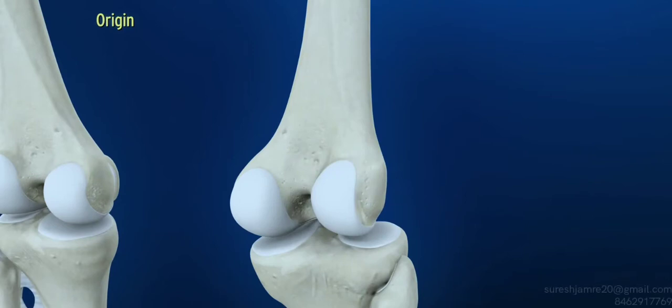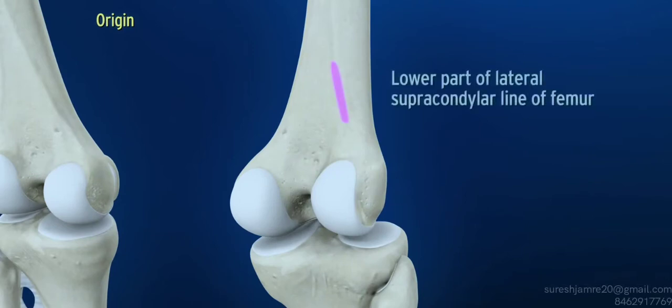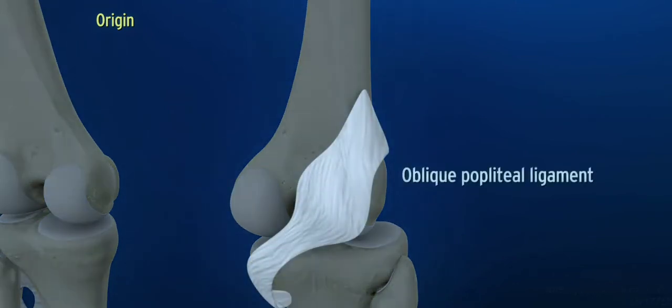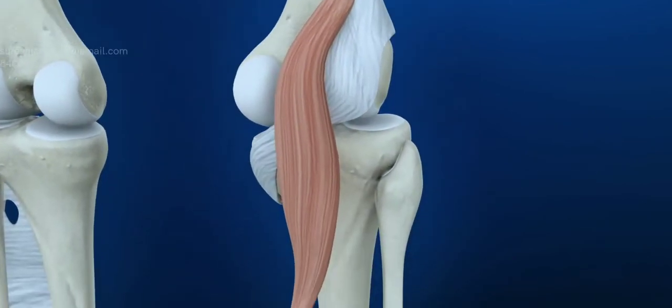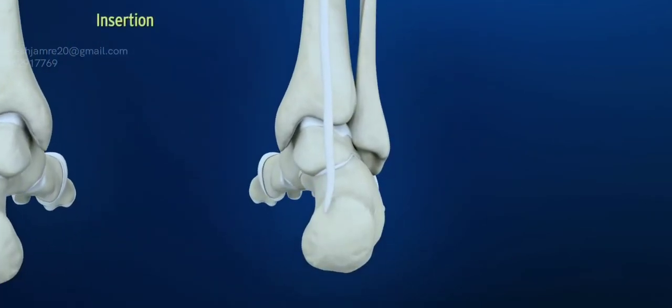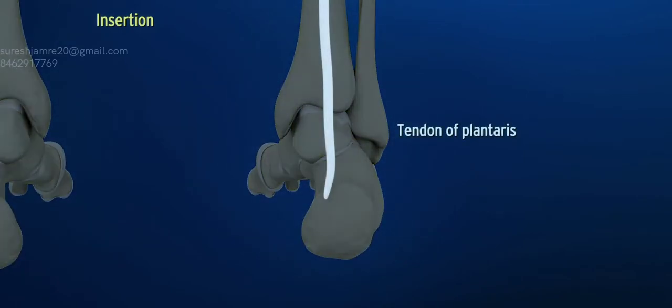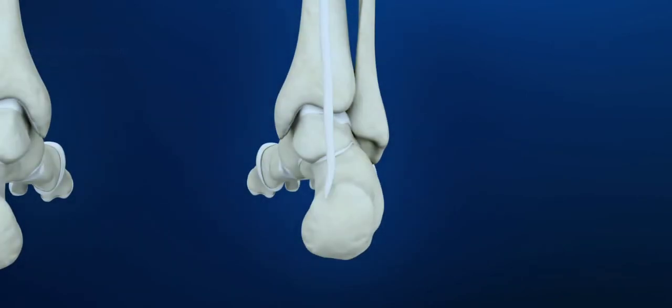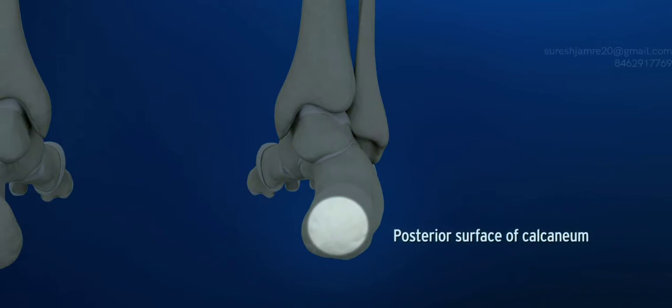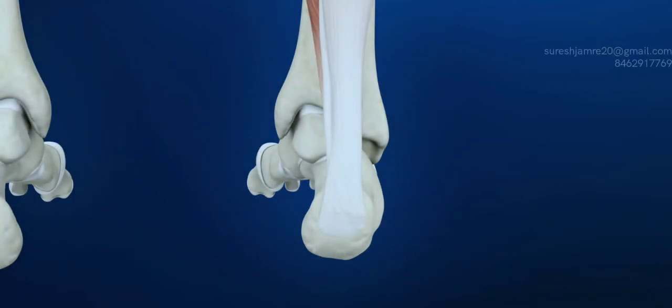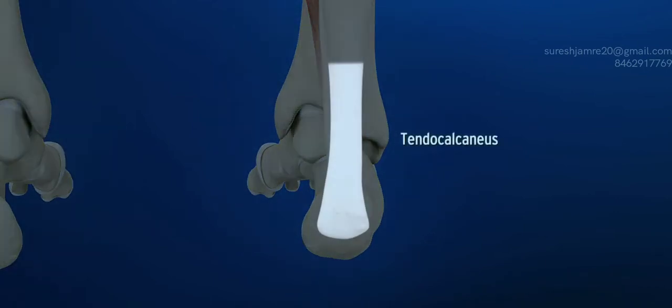The plantaris muscle arises from lower part of lateral supracondylar line of femur and oblique popliteal ligament. Insertion. The tendon of plantaris inserts into the posterior surface of calcaneum medial to the attachment of the tendocalcaneus.